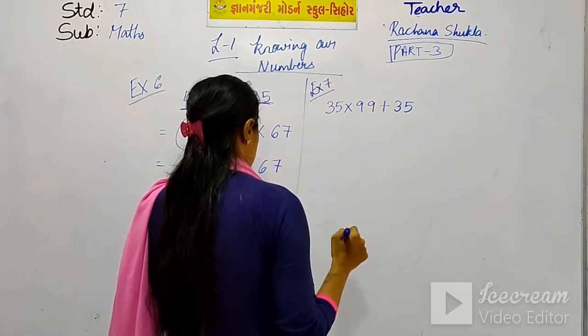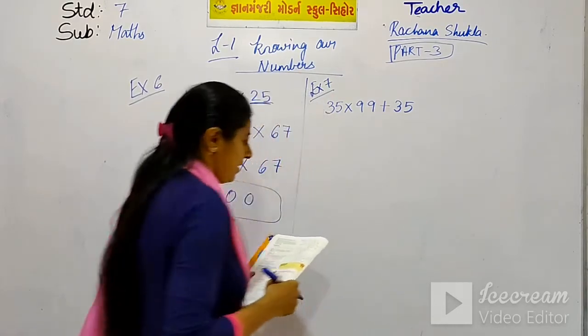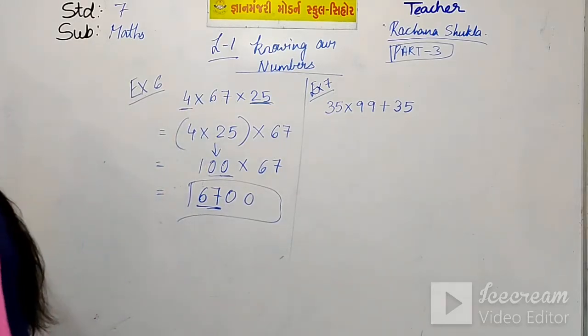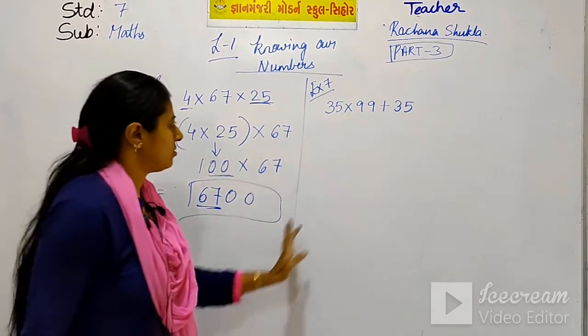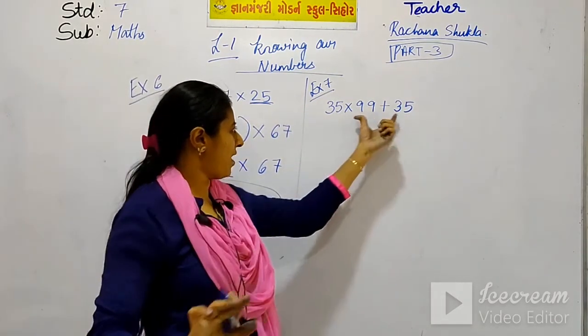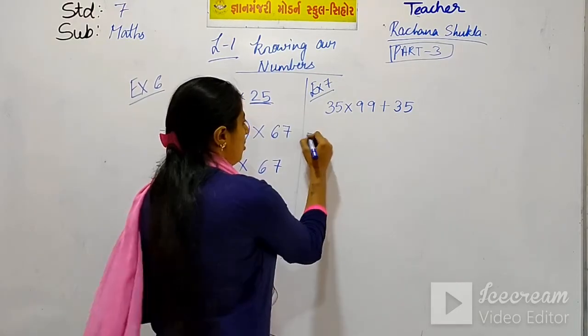See your question. 35 into 99 plus 35. So, you don't have to plus this and then multiply. No, very easy method. Look here.